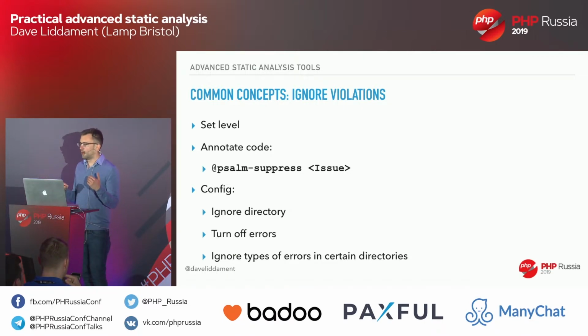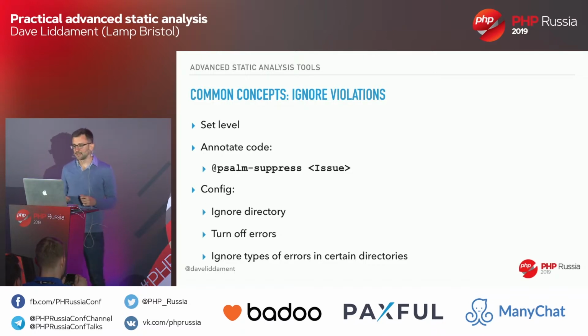You can often annotate the code to say, this is an issue that I don't want you to report. And they all are quite configurable in terms of you can ignore certain directories, you can turn off certain kinds of errors. And some of them you can even say, I don't want to hear anything about this kind of error within this directory.